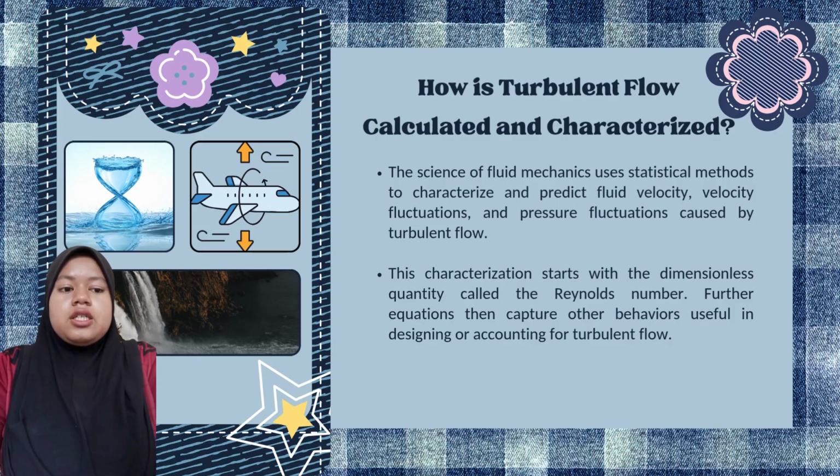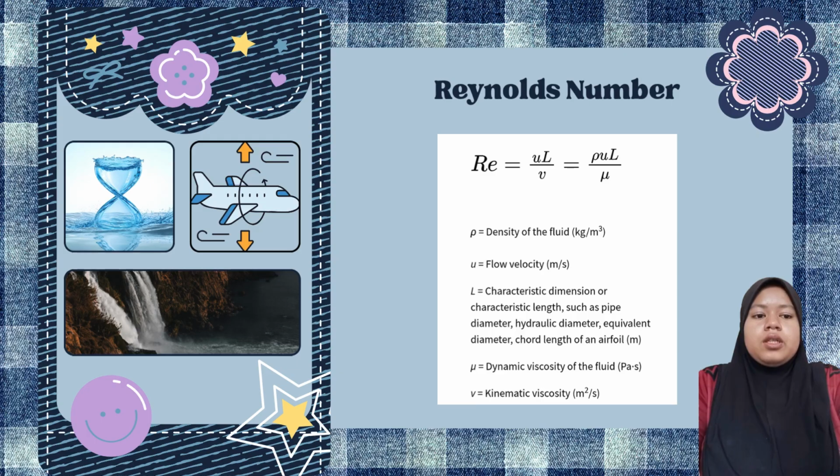This characterization starts with the dimensionless quantity called the Reynolds number. The equation captures the behavior, useful in designing or accounting for turbulent flow. So this is the Reynolds number formula.